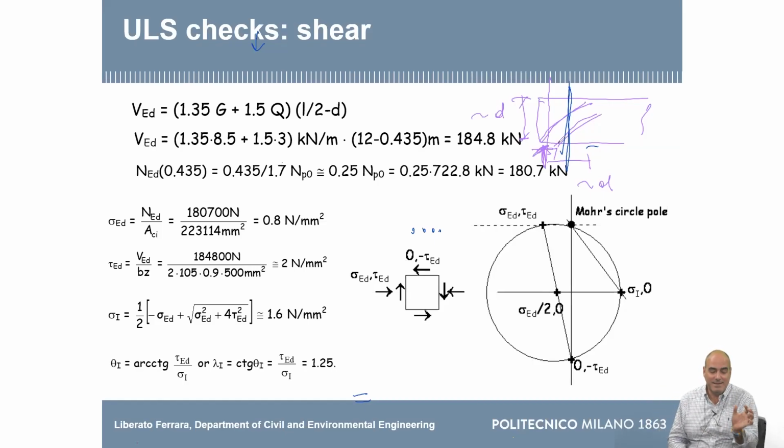It just allows you a slight saving in the shear action, because as long as you move inside, your shear force is a little bit less. D is the effective depth. Yeah, you go inside from D. This is D, and you go inside of the same quantity.